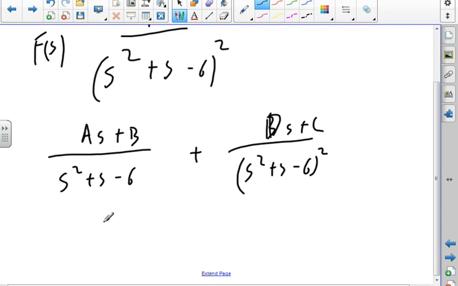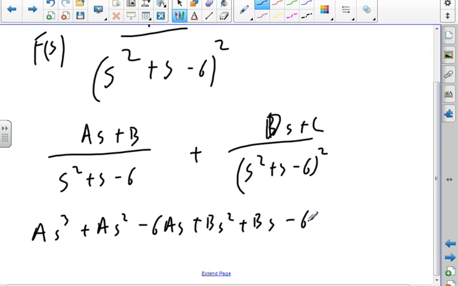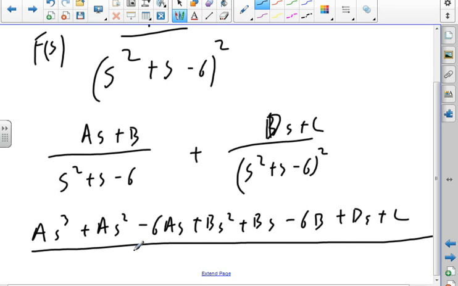Okay, as I was saying, as cubed plus as squared minus 6as plus bs squared plus bs minus 6b plus ds plus c divided by s squared plus s minus 6, the quantity squared.